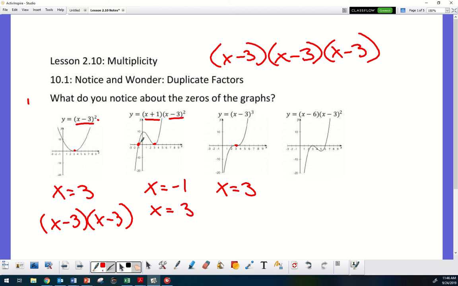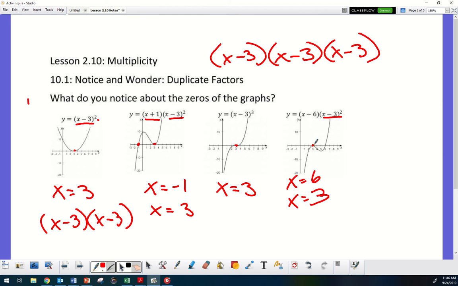Now, on this one, where's it going to cross the x-axis? At positive 6, so x equals 6 and x equals 3. But my x equals 3 is going to be on there twice. Since that's the twice one, it just goes up, touches 3, and then changes direction.